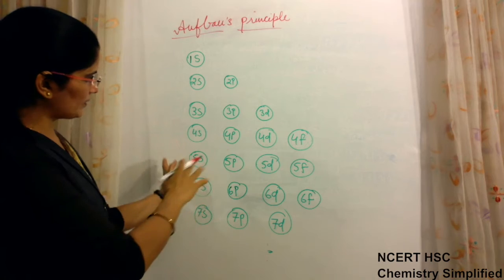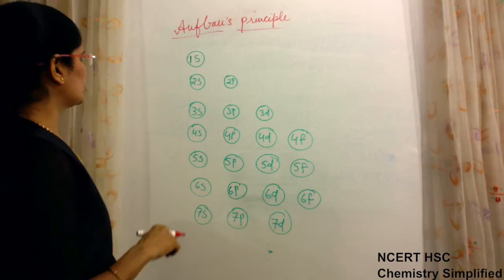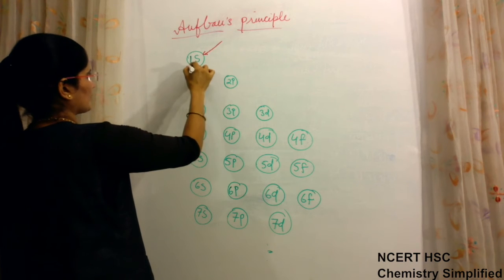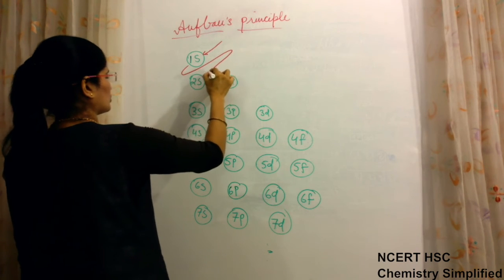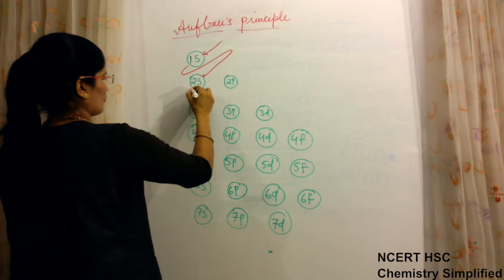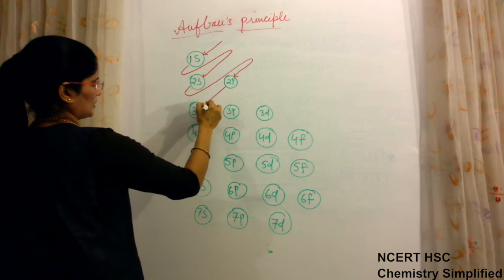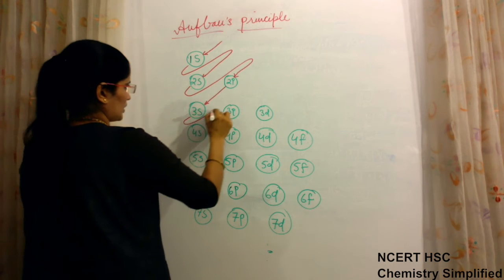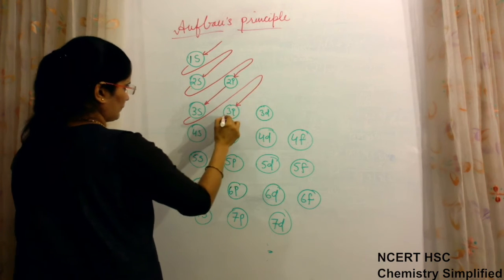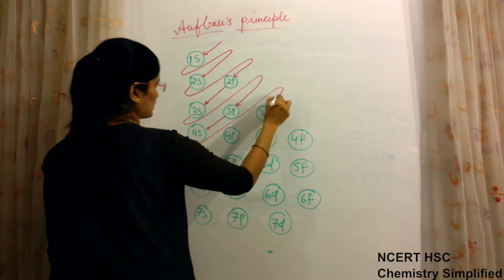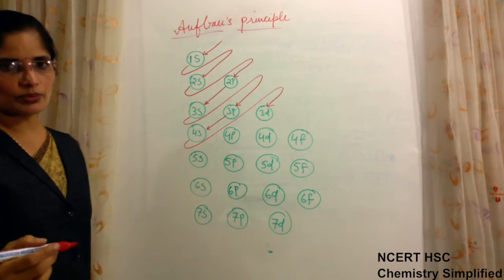Now once we have arranged them in order, first the electron comes in 1s. From 1s the electron goes to 2s. From 2s it comes to 2p, then 3s, then 3p, then 4s, then 3d. See, it came automatically.